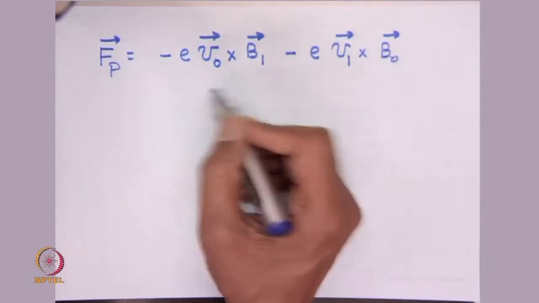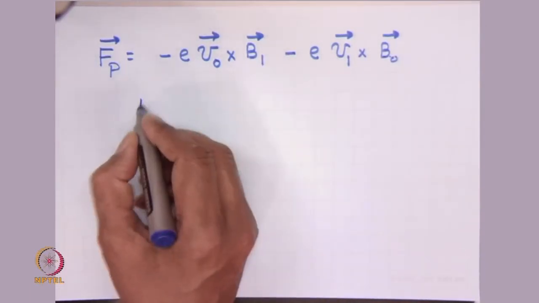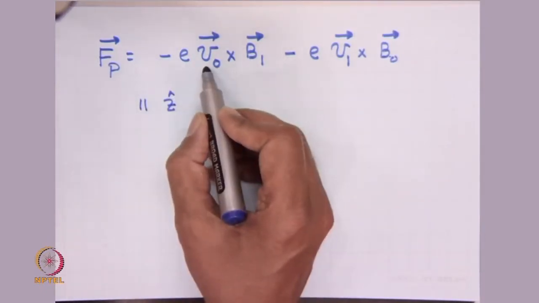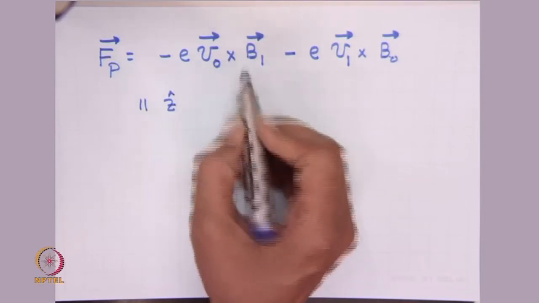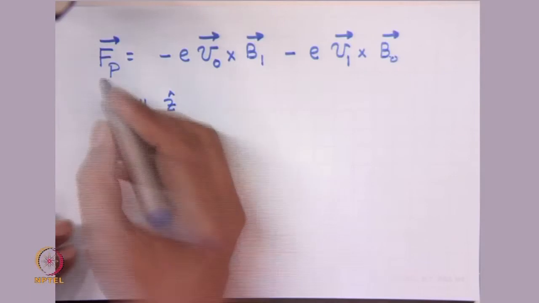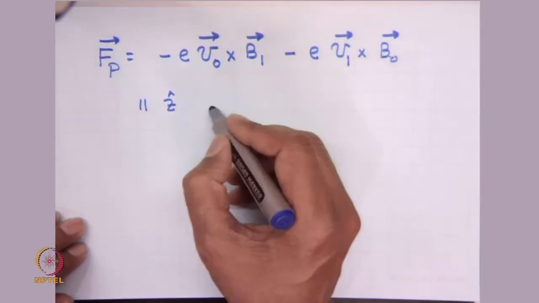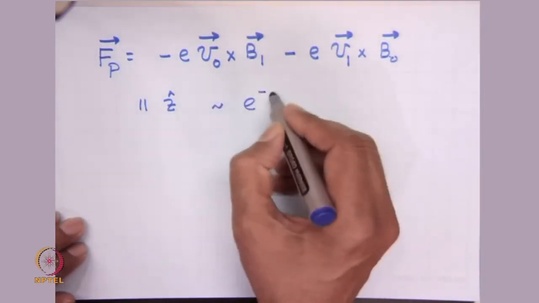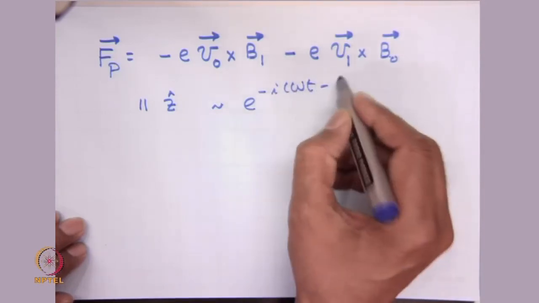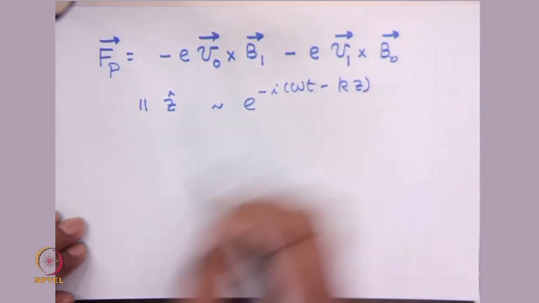The direction of this force is parallel to the z axis, because this is in the x direction, this is the y direction, so x cross y is z. This is a longitudinal force. The force is in the z direction and has a variation also in the z direction. Phase variation is in this direction. That is the beauty.